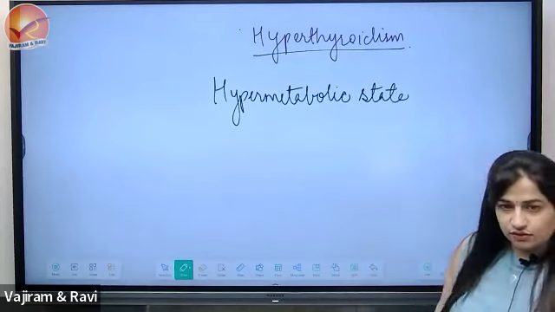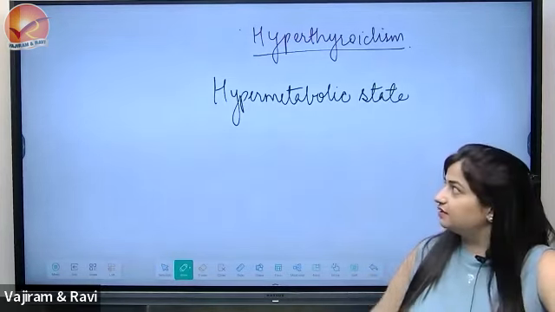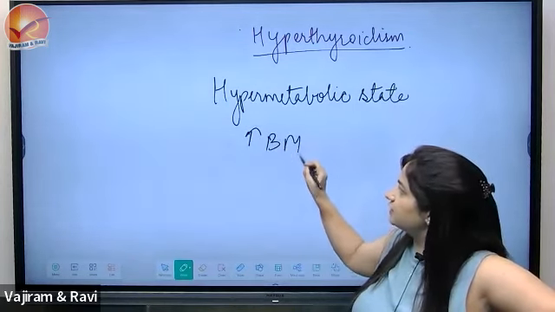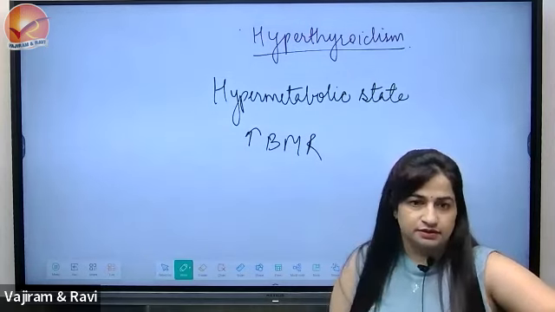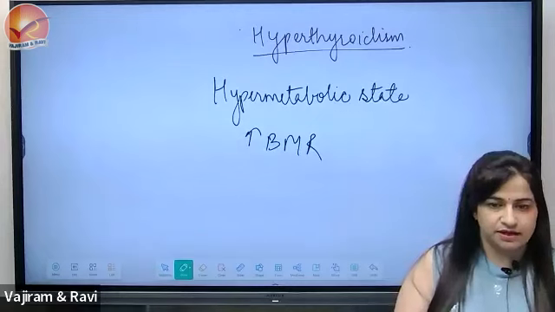So first line, there is a hypermetabolic state. Now when there is a hypermetabolic state, it will lead to increase in BMR, which is our second clinical feature. Okay, write down the second clinical feature, increased BMR.